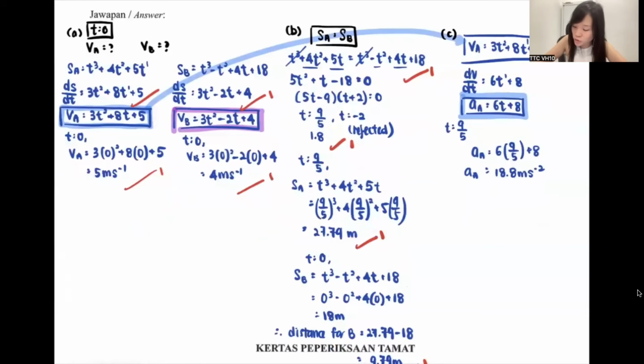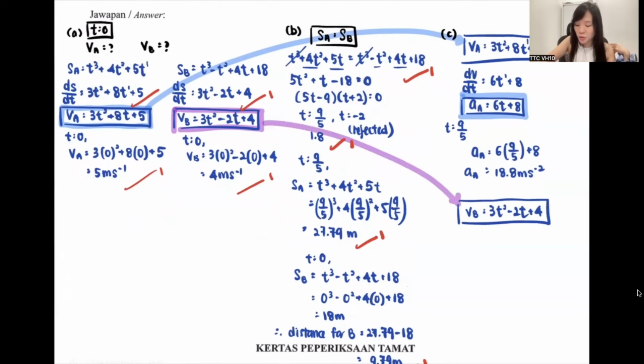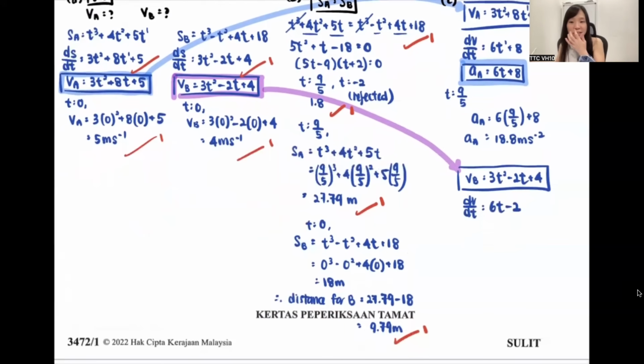Then the next one also same. You're going to find VB. You're going to find the accelerations for B. This one quite easy though. Okay. Put color for you like that. So my dear, you want to find the acceleration equation, right? dV/dt. Times -1. I expect you guys know how to differentiate. So AB, isn't it 6t minus 2?